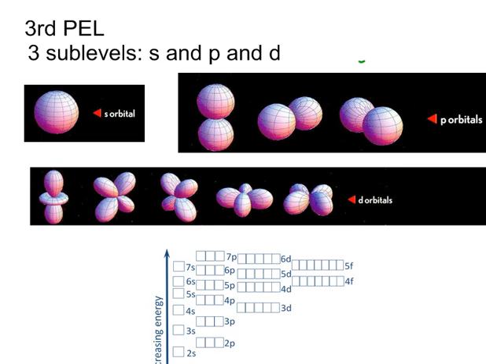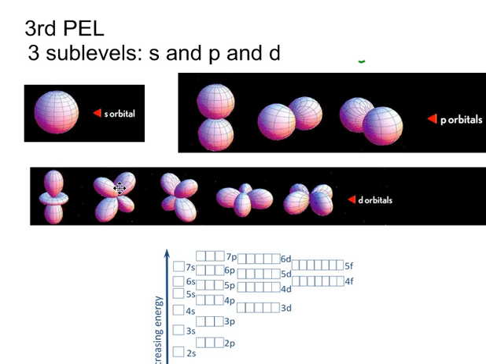The third principal energy level, getting more complex, it'll have an S sublevel, it'll have a P sublevel, and it will have a D sublevel. So the third energy level will have this 3s orbital, it'll have the 3 p orbitals, remembering that you can put 2 electrons into each one of these orbitals. The d sublevel has 5 orbitals, and each one of these 5 d orbitals can hold only 2 electrons.